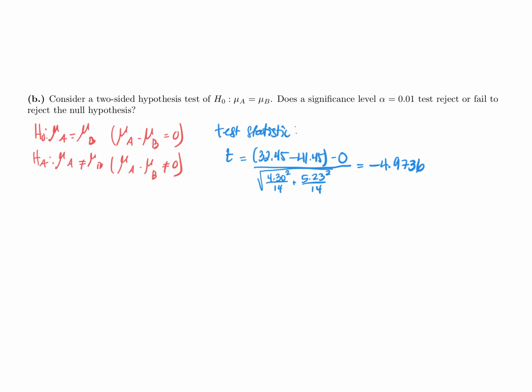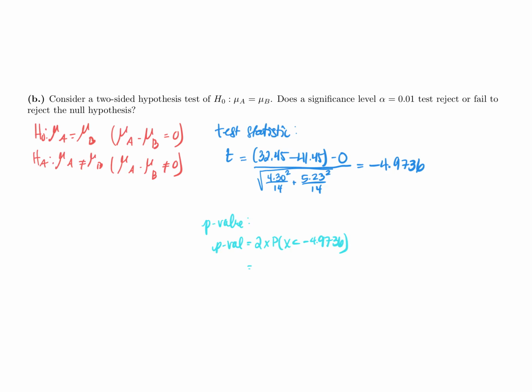Well, we have to then turn around and find our p-value. So our p-value is going to equal 2 times our probability that x is less than negative 4.9736. And this is where we do our t.dist, and this is where t.dist.2t comes in awfully handy.